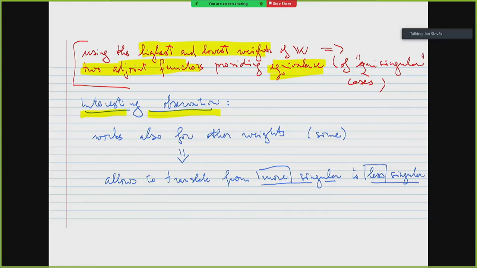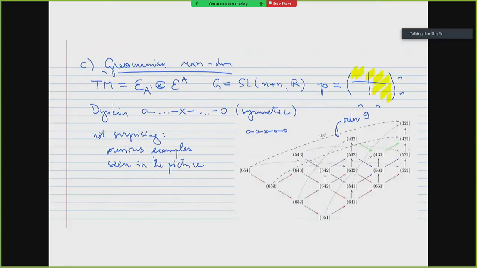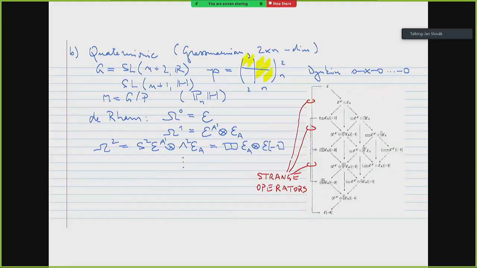And now I come to the crucial notion, and that's the so-called equi-singular cases, right? Because I was always claiming that when I had the pictures here, yes, however we start, or better here, whatever module we start with, if it's a G module, then it works.